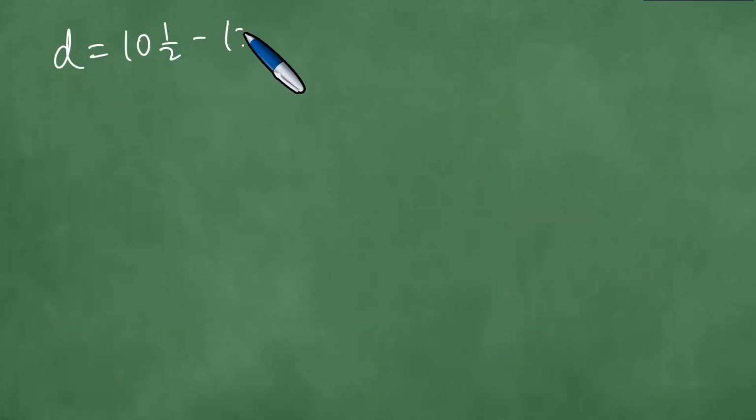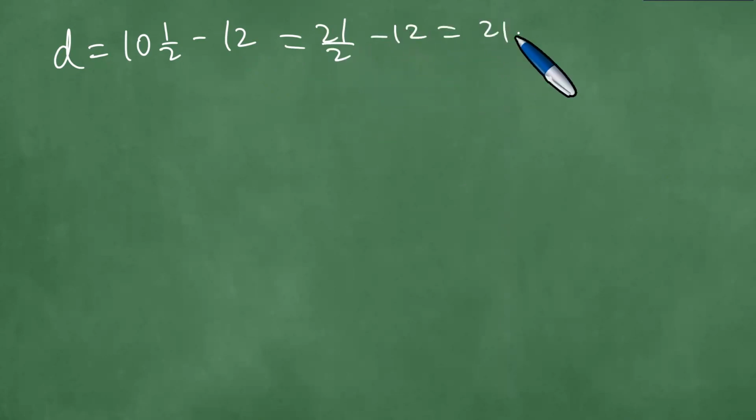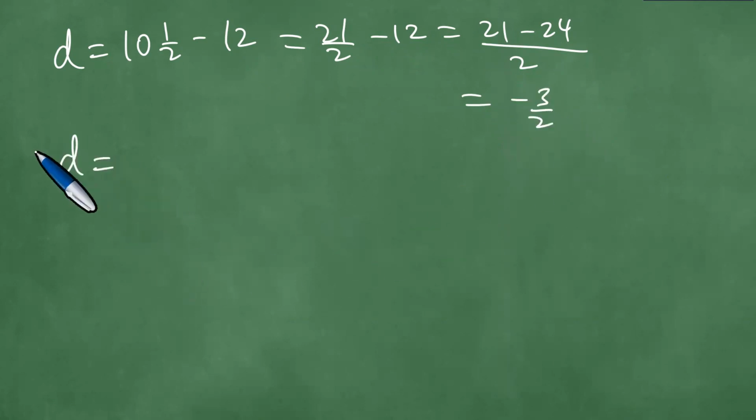It is 10 and 1/2 minus 12. 10 and 1/2 is 21 over 2, so 21 minus 24 over 2. The conclusion, therefore, is that the common difference is minus 3 over 2.